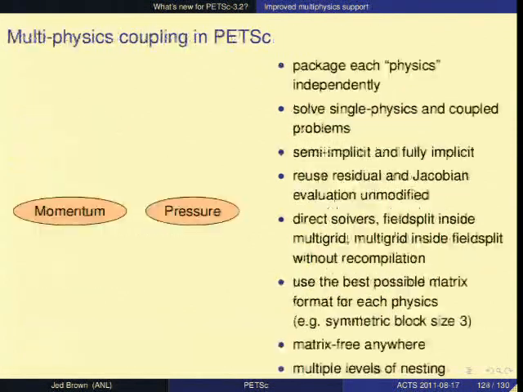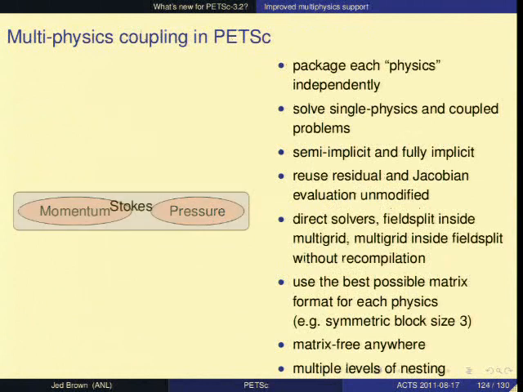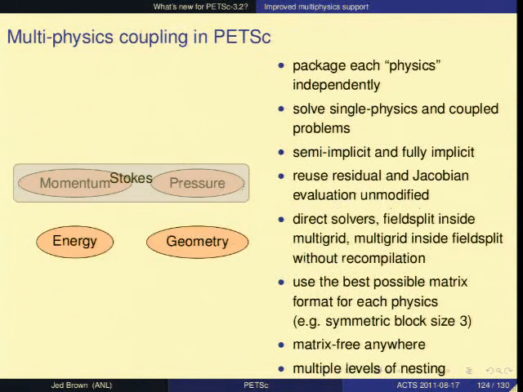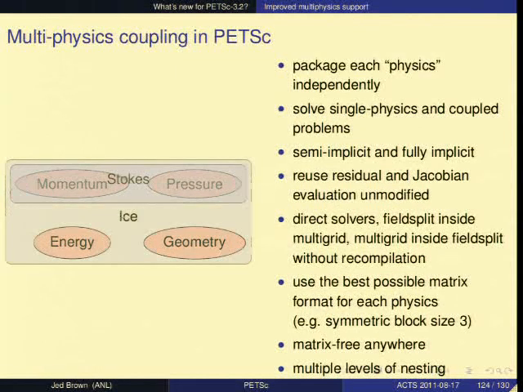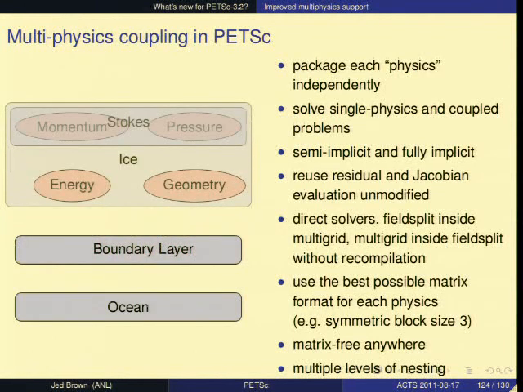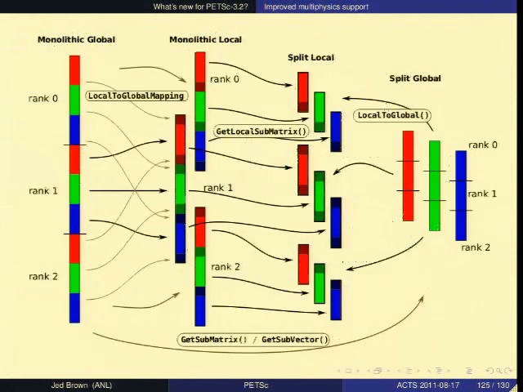So we now have a pretty nice way to do this, where you can take some system and it gets packaged up in some hierarchy as you build a bigger and bigger system, and where we can switch between semi-implicit and fully implicit methods, lots of algorithmic choices, and matrix free wherever you want it.